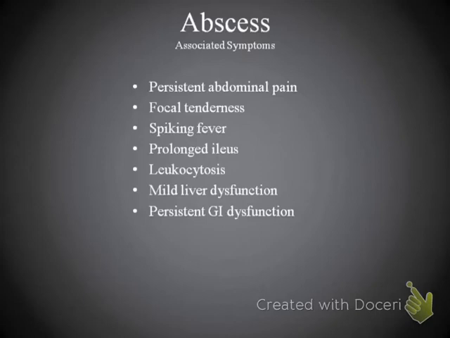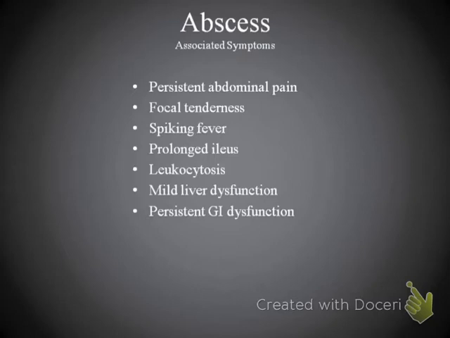Prolonged ileus. I think we all know what an ileus is, and so an ileus that just refuses to be resolved. Leukocytosis, increased amount of white blood cells. Mild liver dysfunction or persistent GI dysfunction.